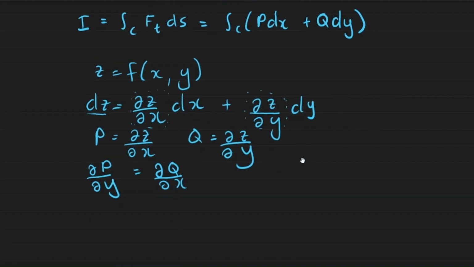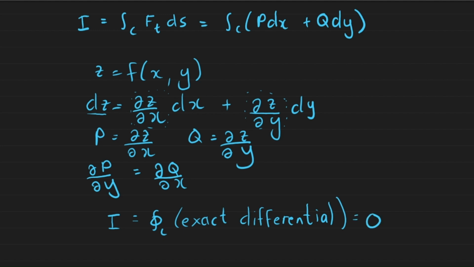So what does this have to do with line integrals? What it has to do with line integrals is that when we take an integral over a closed boundary, remember when we put the circle in this integral sign, it means it's a closed boundary. When we take the integral around a closed boundary of an exact differential, we get 0.